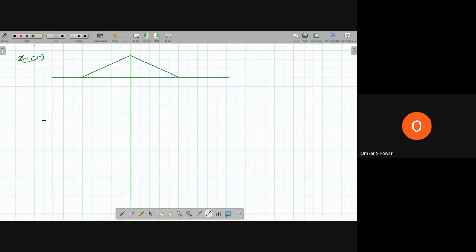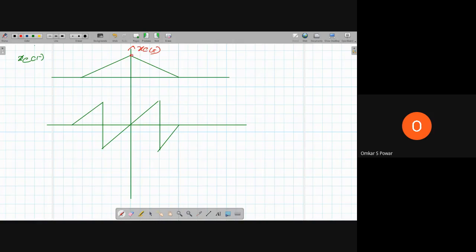Okay, then your odd component will be like this. You got something like this. So this was your x even component.